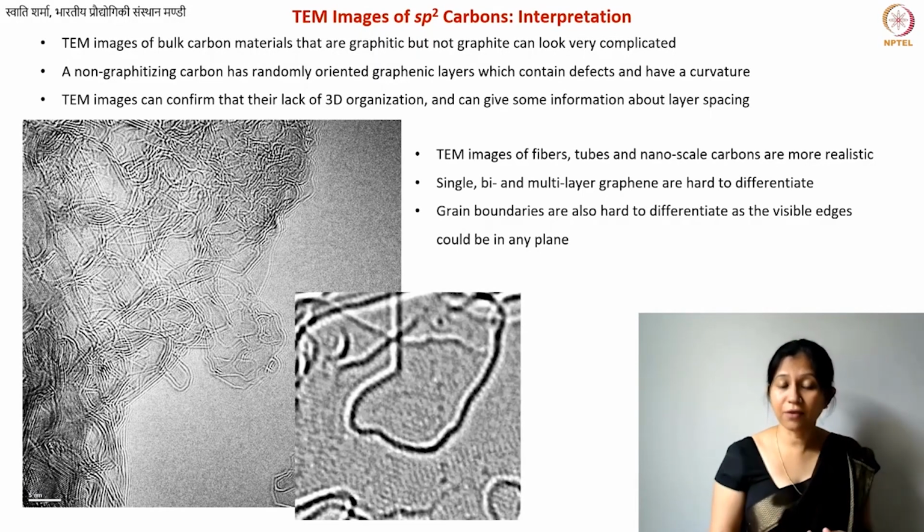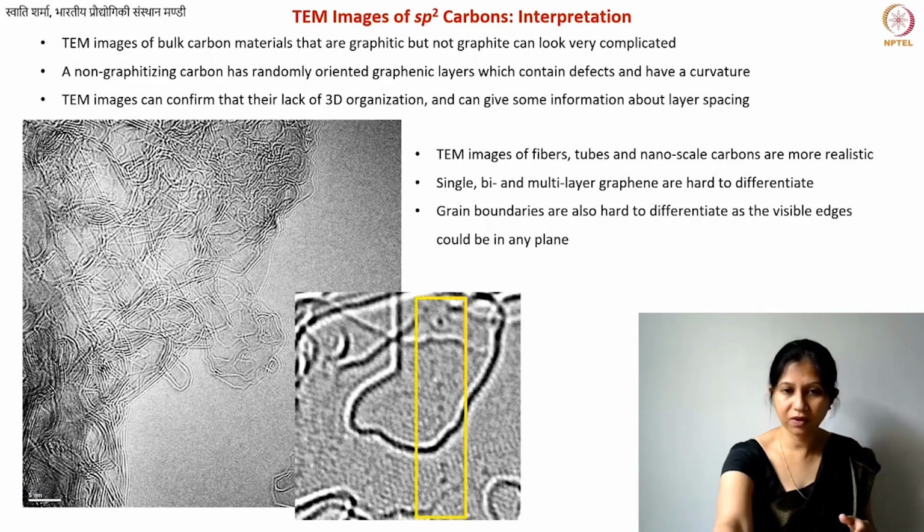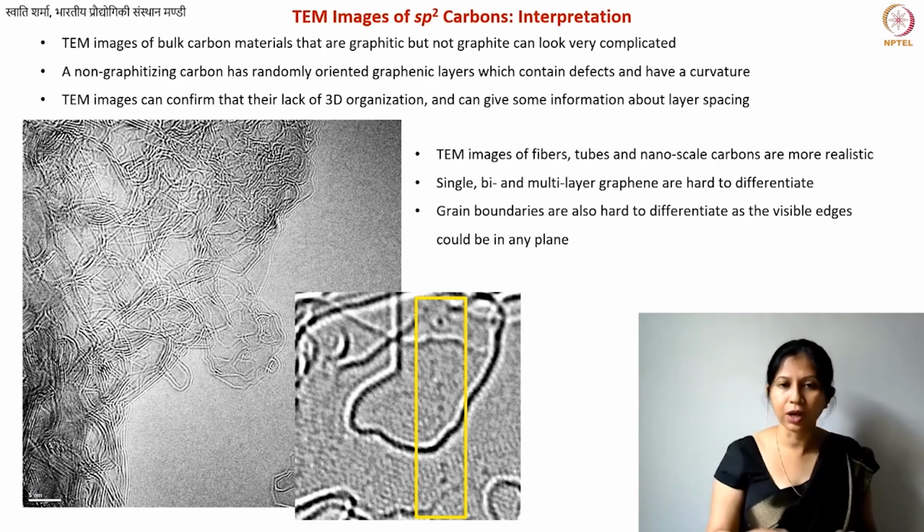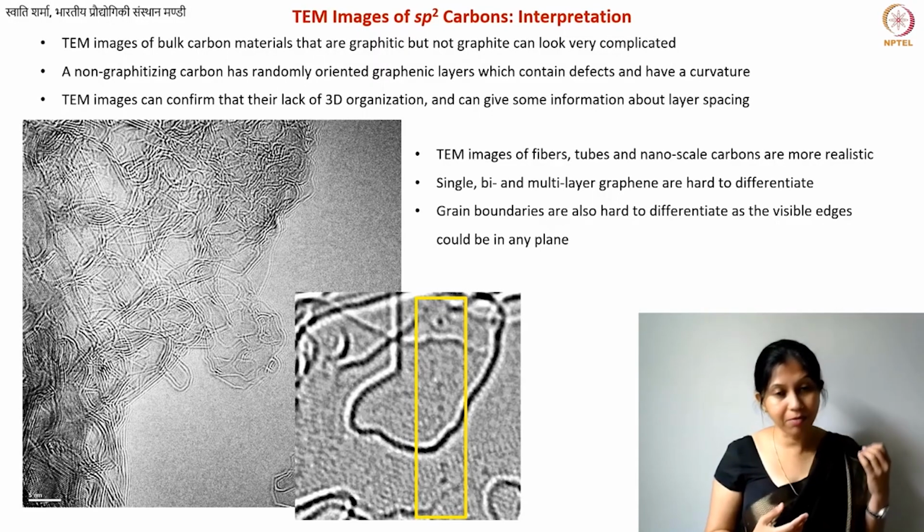Here I have shown an example of a grain boundary. If you see in this box I have shown, in the back there is some sort of broken line, and this broken line can be thought of as a grain boundary, because these kinds of grain boundaries have been observed in graphene-like structures.